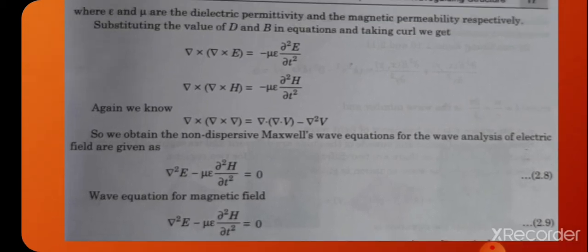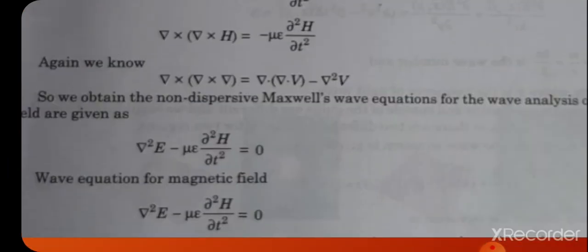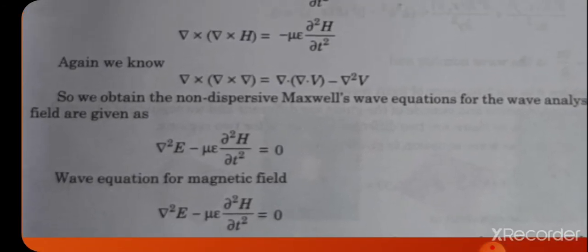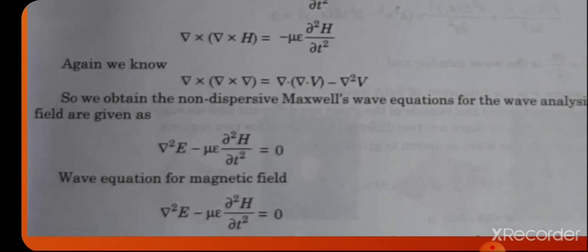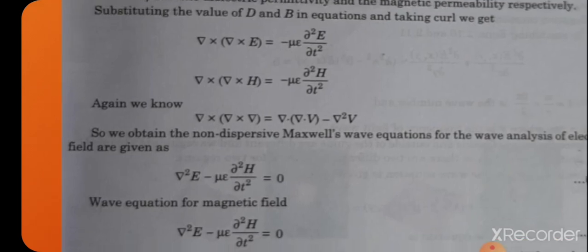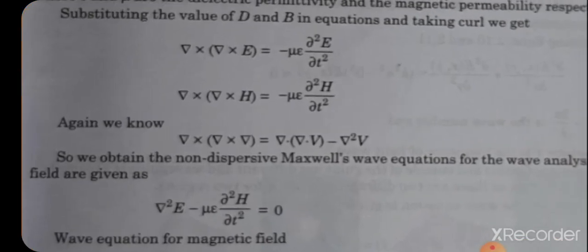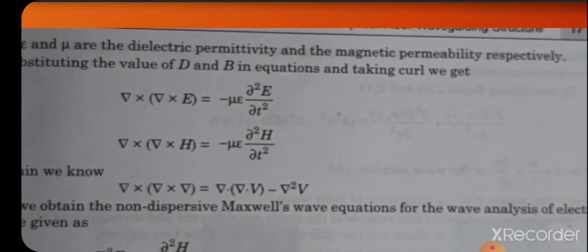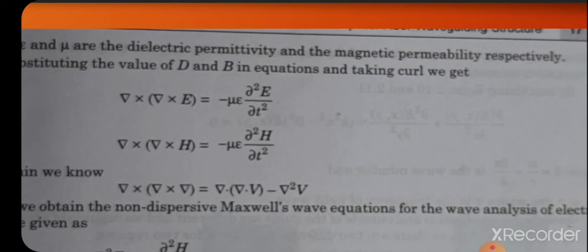So we will get the wave equations as del square E minus mu epsilon into dou square H by dou T square equal to 0. Also del square for the magnetic field, del square E minus mu epsilon into dou square H by dou T square equal to 0. And how we are getting this equation is, in the left side of this equation, that is del cross E, we can substitute the mathematical relation del cross del.